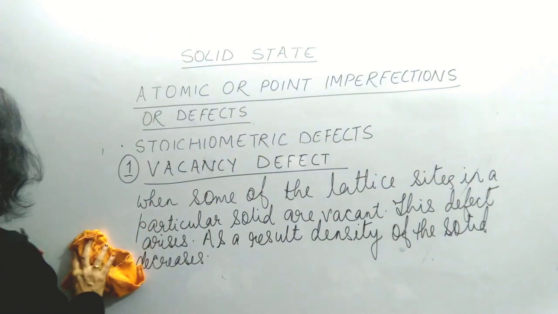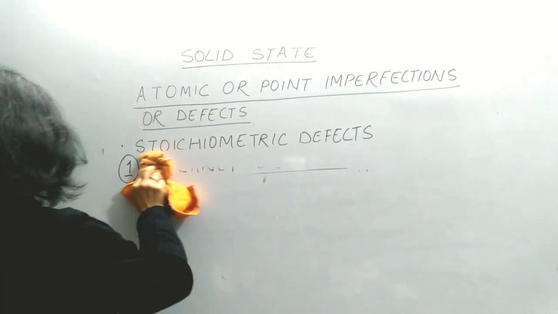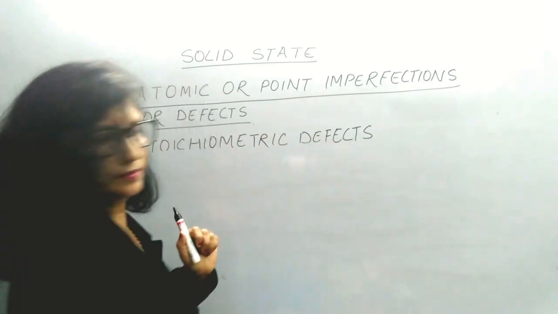Now next we can see another type of defect, that is interstitial defect.